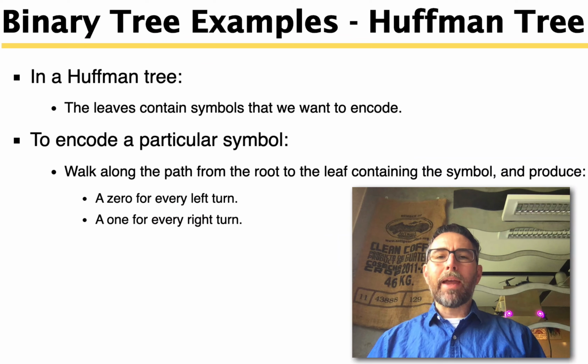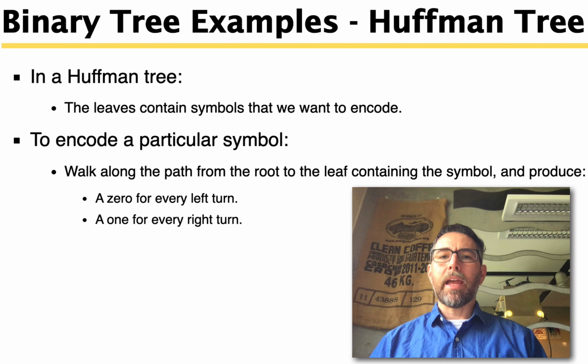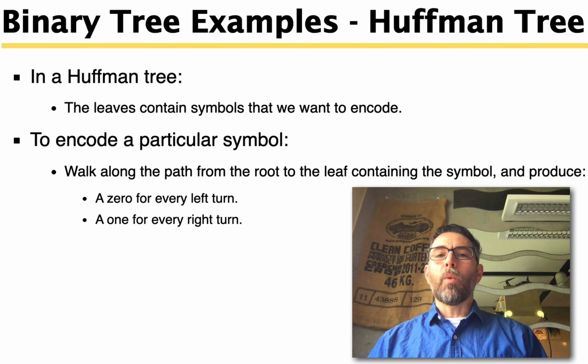A more technical way in which we can apply a binary tree is in something called a Huffman tree. A Huffman tree is a way of doing compression, of doing lossless compression, meaning we're going to compress a file without losing any data. And the way we're going to compress the file is by, let's talk about it in terms of a text file.